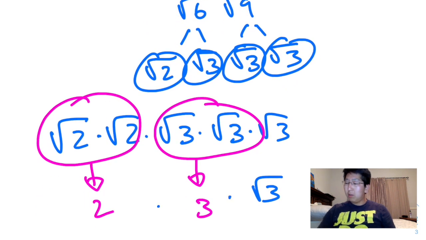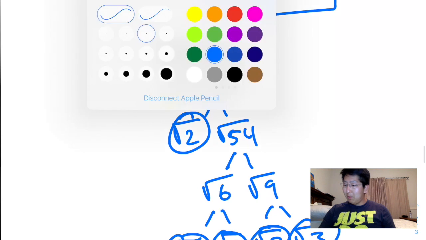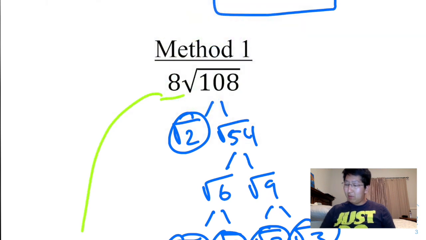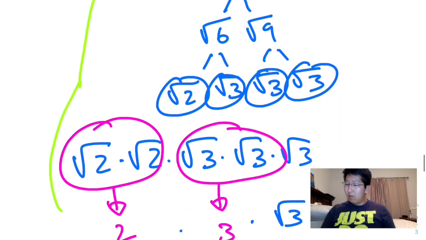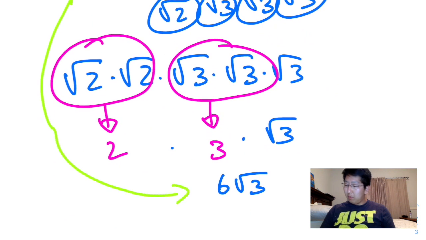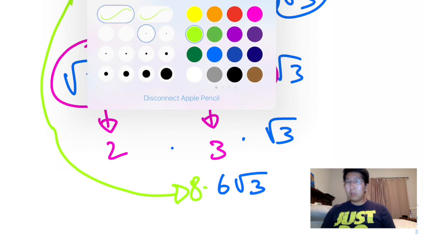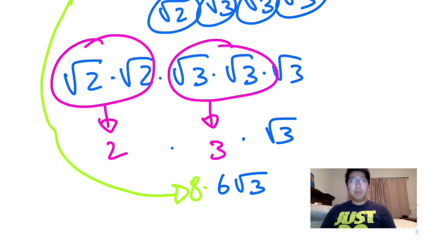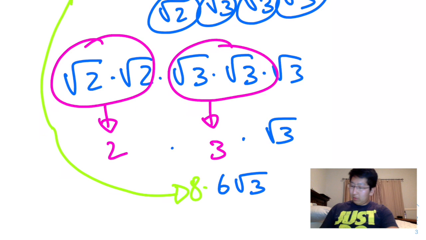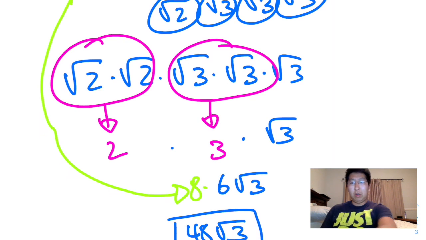So when you multiply all this, we're going to get 6 square root of 3. Okay, but do not forget this 8 like I did last time, right? This 8. So 8 times 6 and 8 times 6. It's going to get us 48 square root of 3. That's our answer.